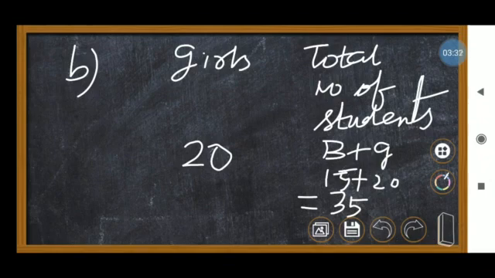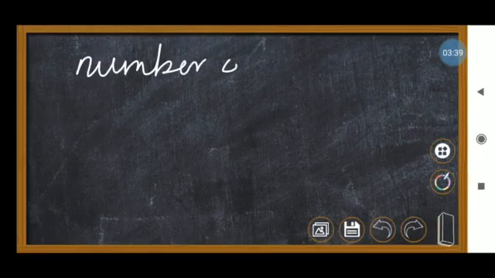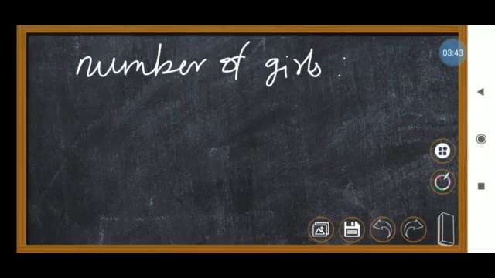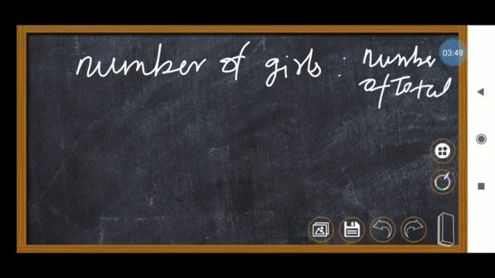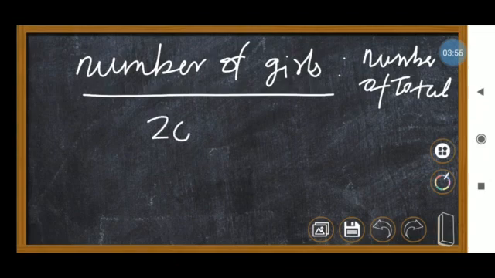So we have to calculate the ratio between these two: the number of girls to the total number of students. The number of girls is 20, and the total number of students is 35, which is 20 plus 15. Now 20 is to 35.